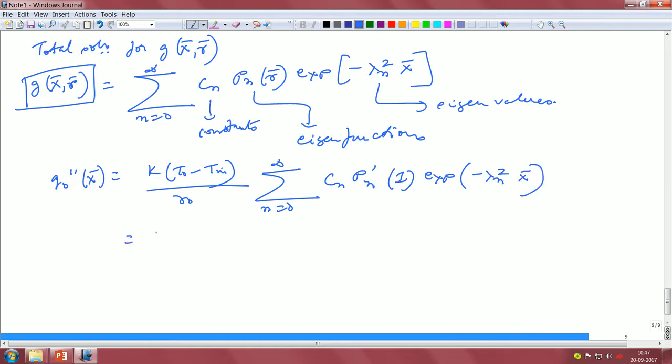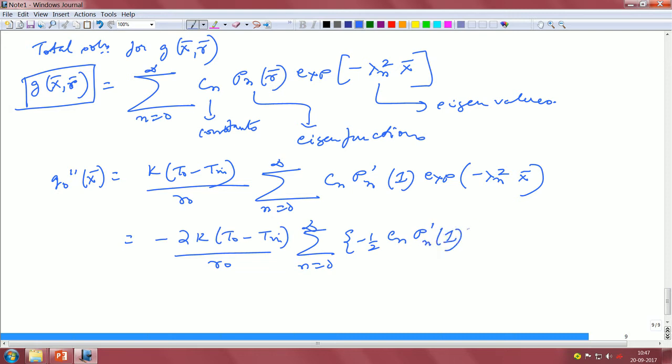This can be further written as 2 k (T naught minus T in) divided by R naught, sum from n equal to 0 to infinity of minus half Cn Pn prime(1), exponential minus lambda n square into x bar.